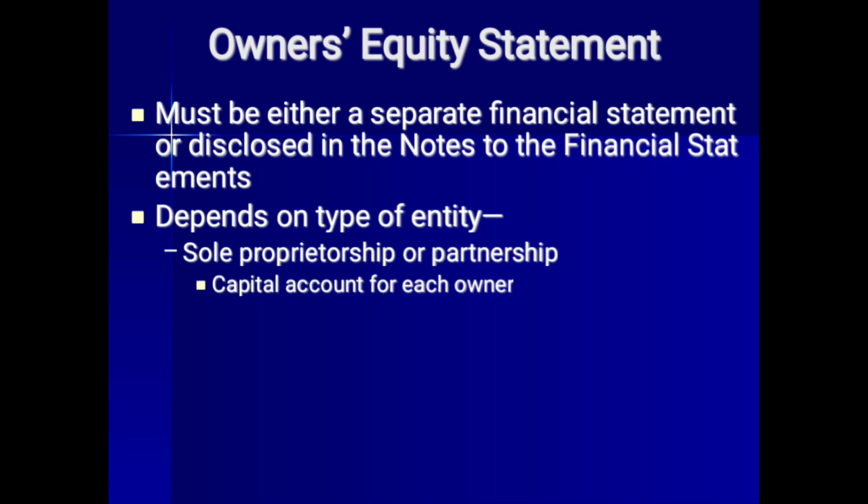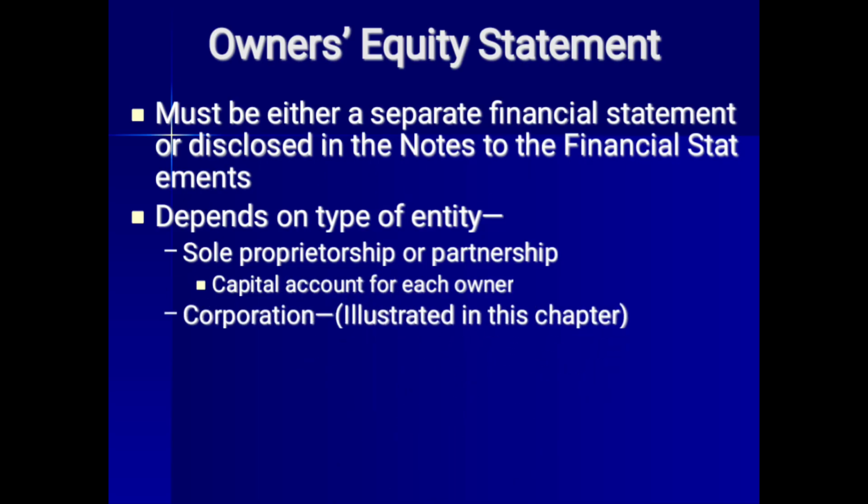The next one is the partnership. Partnership means two or more members combine themselves and start the business. In a partnership we have a capital account for each owner. The next one is the corporation.